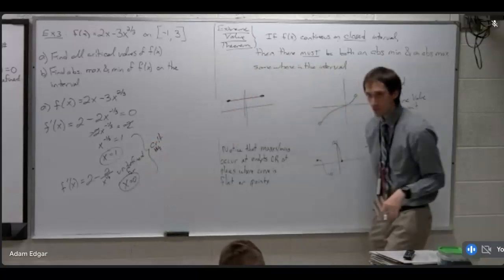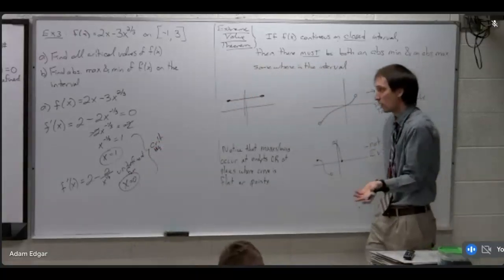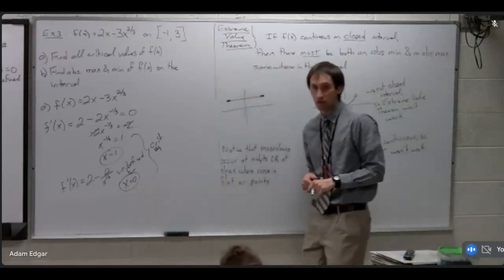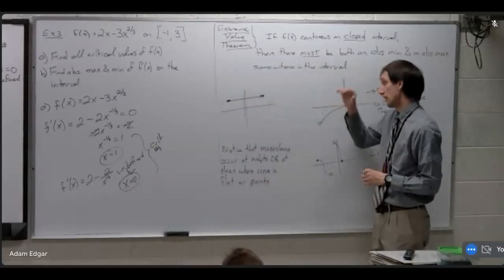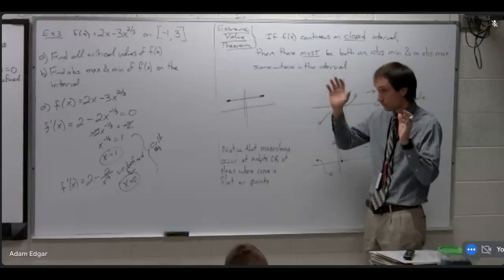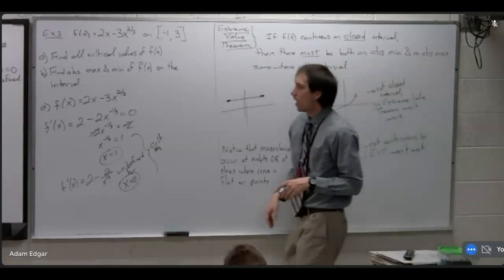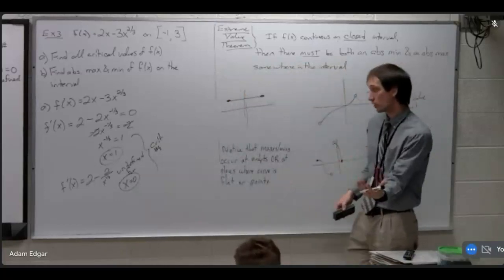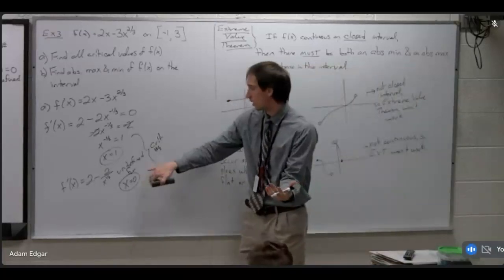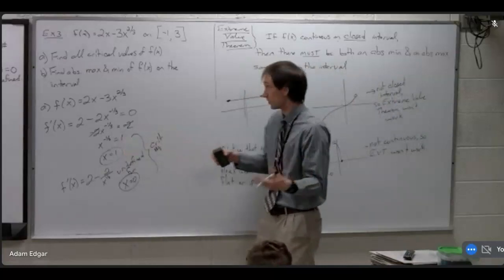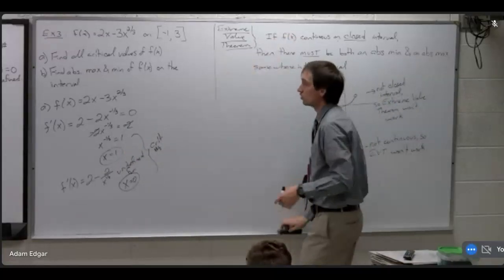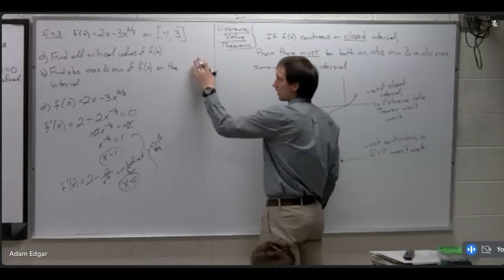If you end up with a negative exponent, you're going to have a value probably that makes your derivative undefined, because that negative exponent is really saying there's a fraction, throw me down the stairs. And then you'll have probably both a critical number where the derivative is undefined, and a critical number where the derivative is 0.